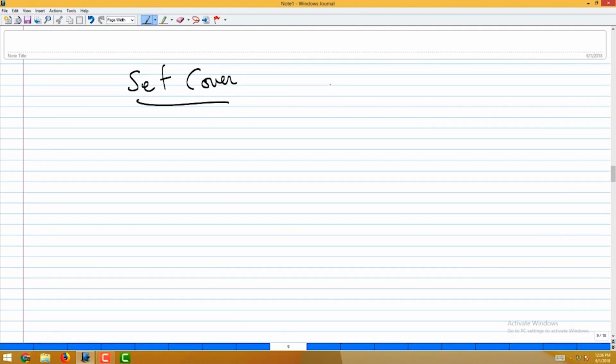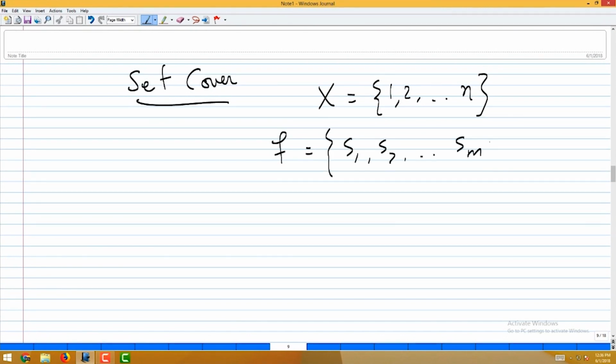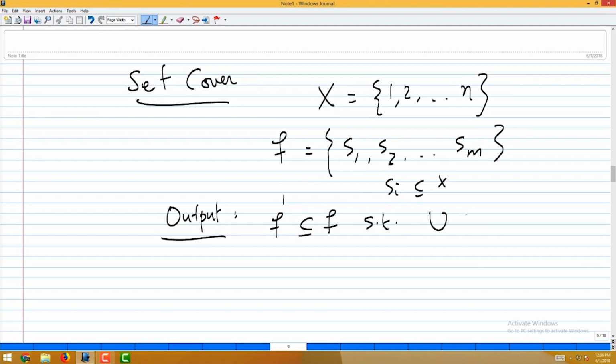You have a universe which, without loss of generality, we will assume to be X, and I have a family of sets, and each Si is a subset of X. This is my input, and the output I am interested in is a subfamily of my family, a collection of some small number of sets such that the union over f in F prime is my entire universe set.